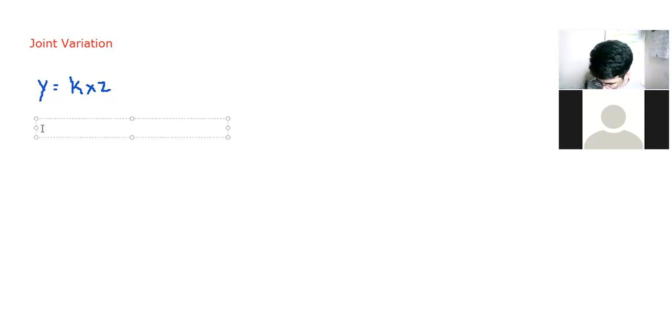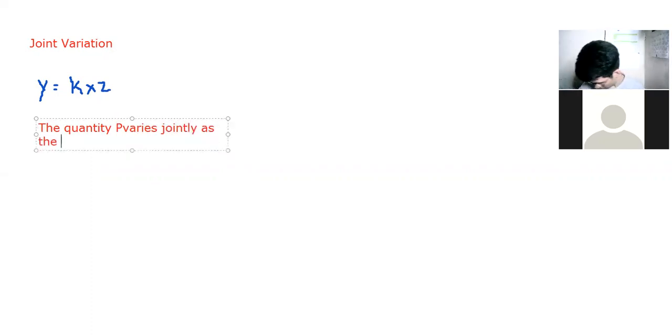So, pinaka-common sa kanya, the quantity P varies jointly as the quantities B and W. So, kalimitan naman sa mga jointly, wala nang masyadong ginagamit.